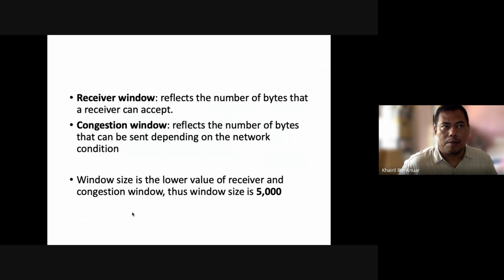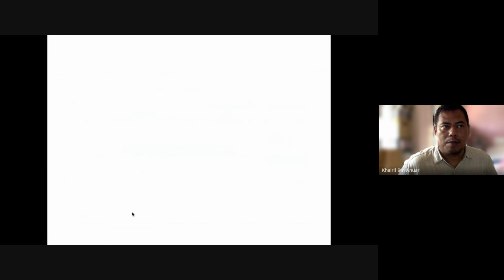If the send congestion window is too high, the receiving window won't be able to deliver, right? So the window size is the lower value of the receiver and congestion window. Thus the window size is 5,000. So that relates to your tutorial 11 itself, right?